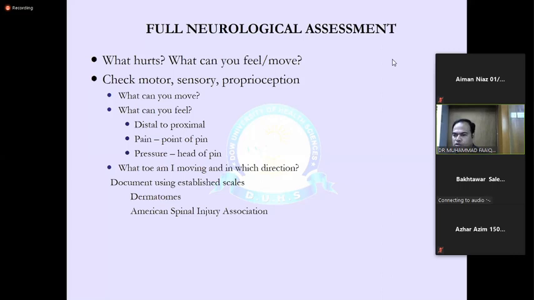You should know the definition of spinal shock and neurogenic shock. You should know the modalities you will use to confirm that the patient may have spinal cord injury. You should know the definition of Skybora and what is the importance of dividing the spinal cord injury into complete or incomplete.